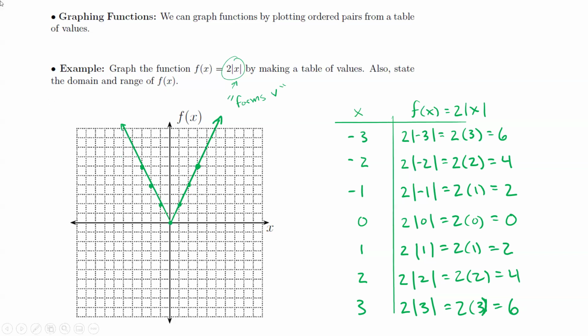So the reason that's important is, let's say you made a table of values, and in your table of values, maybe you plotted these 4 points here. Well, if you plotted those 4 points here, you haven't found the bottom of the V yet, right? So you need to find that and see how it rebounds in order to get an accurate representation.